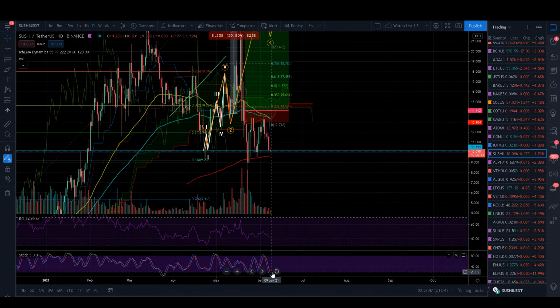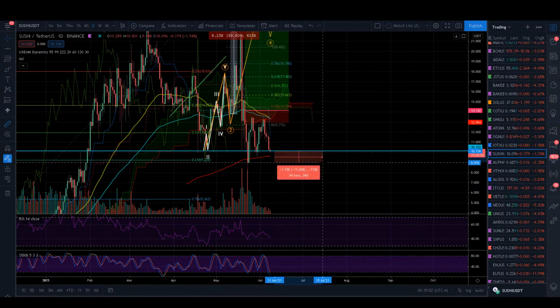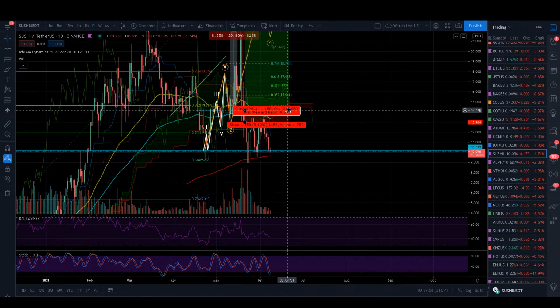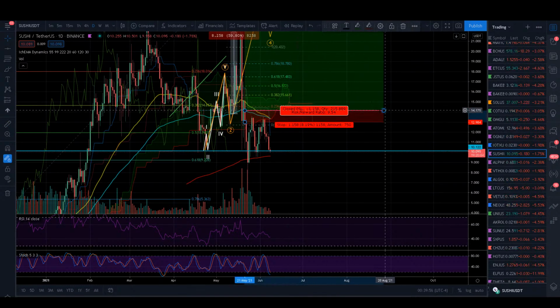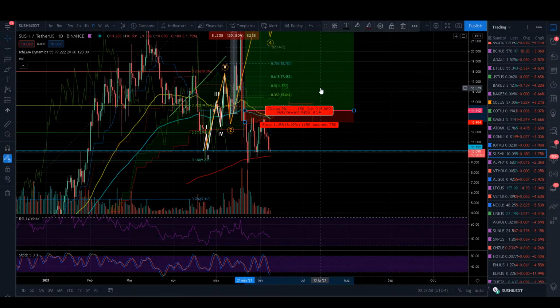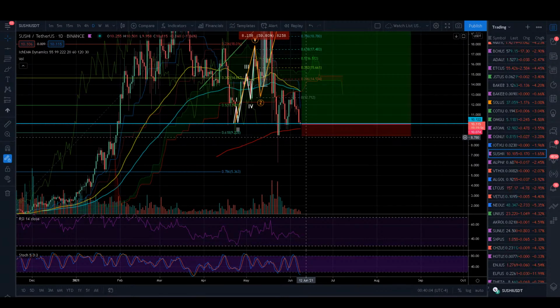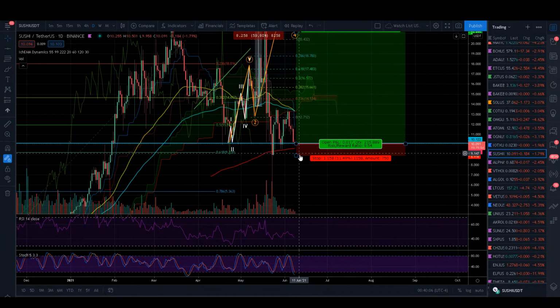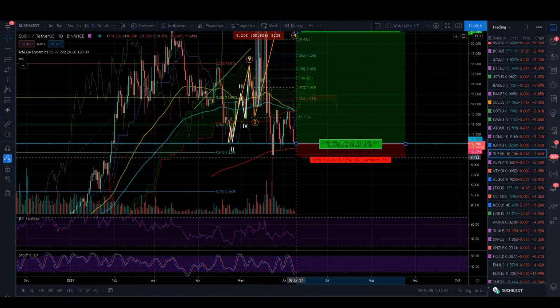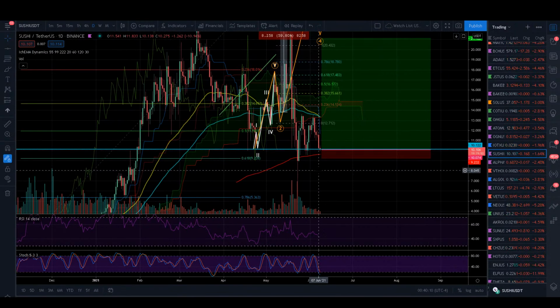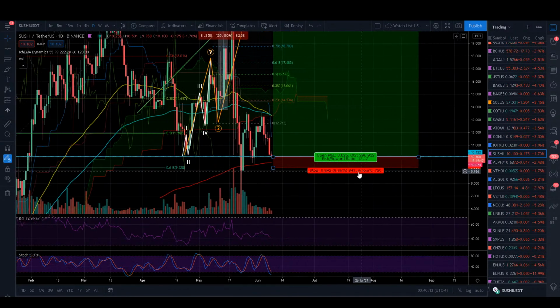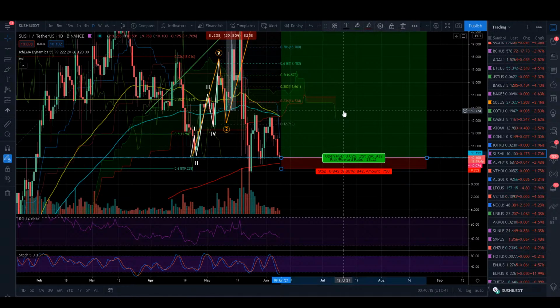With the daily resetting, if you don't get into a long-term bag on Sushi right here, you're absolutely missing it. All right, so I'm entering long-term on Sushi right here.